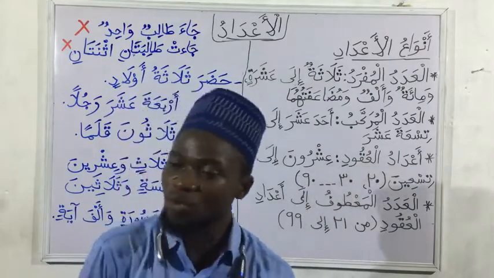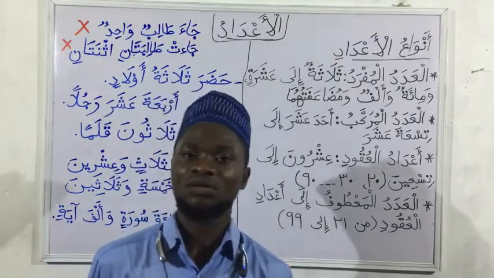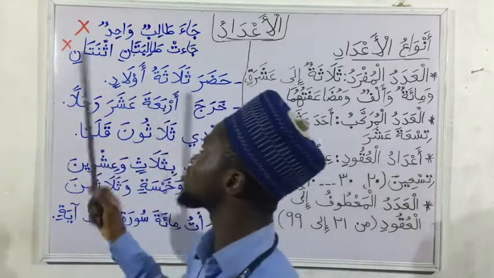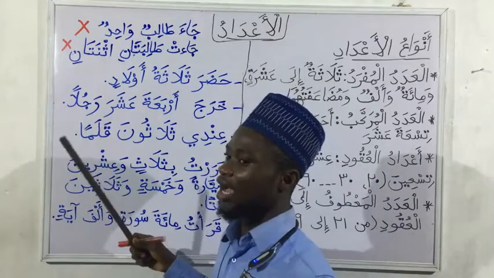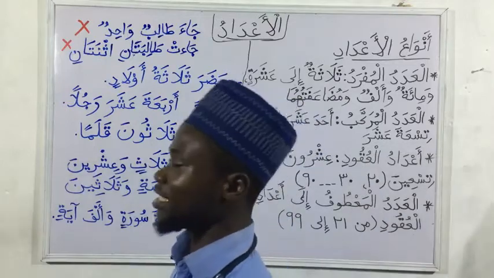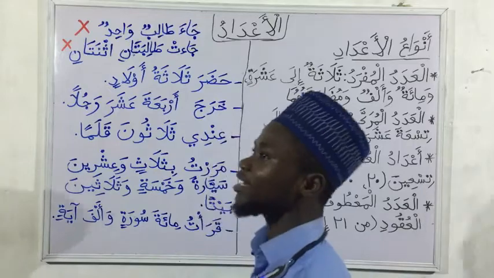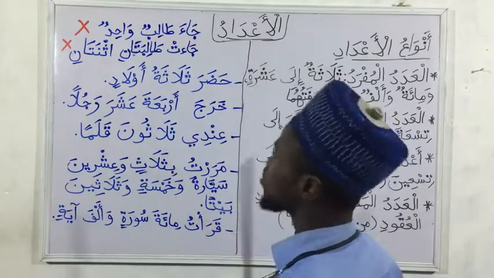So Ja'a talibun wahidun, one boy came. So wahidun there is not doing the job of a number in Arabic. So numbers in Arabic are recognized from 3 to infinity.